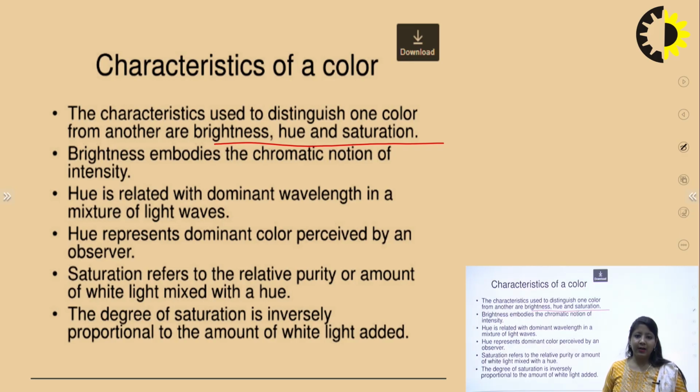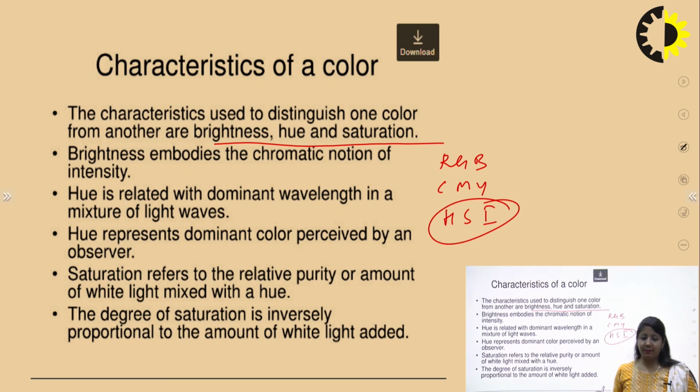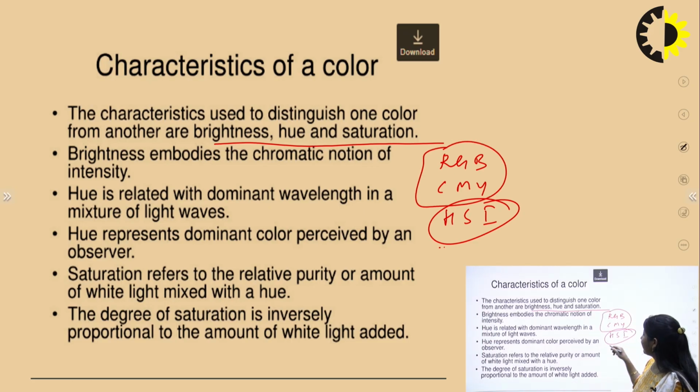So there is a third model also. We have three models actually: the RGB color model, second is CMY, third is HSI, hue, saturation and intensity model. So what is the purpose of this model? These are the color complements, but what is this model? This model actually relates to the actual intensity or actual color.